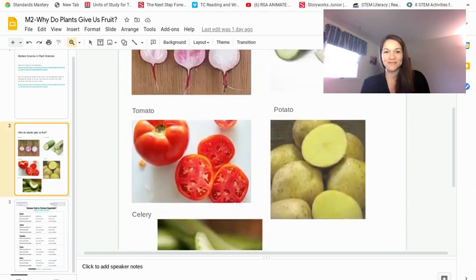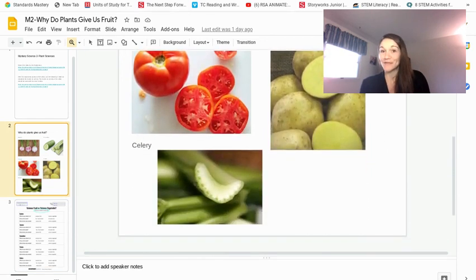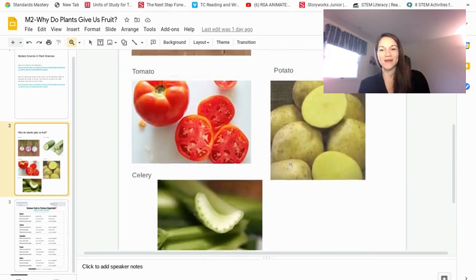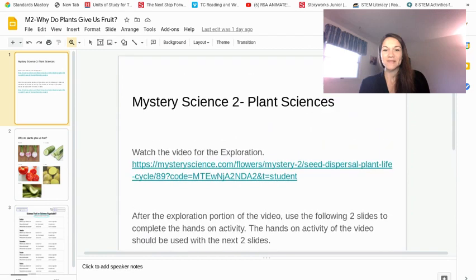Okay, so if you don't have these vegetables at home, you can use these pictures here. And then if you do have these vegetables at home, I know Charlie yesterday had her veggies out and or her fruits, and she was ready to explore that using her fruits and vegetables from home. So that's an option if your parents will allow you to do that.